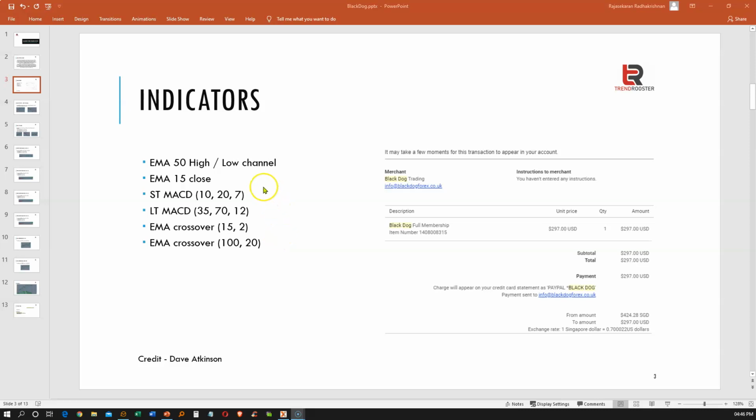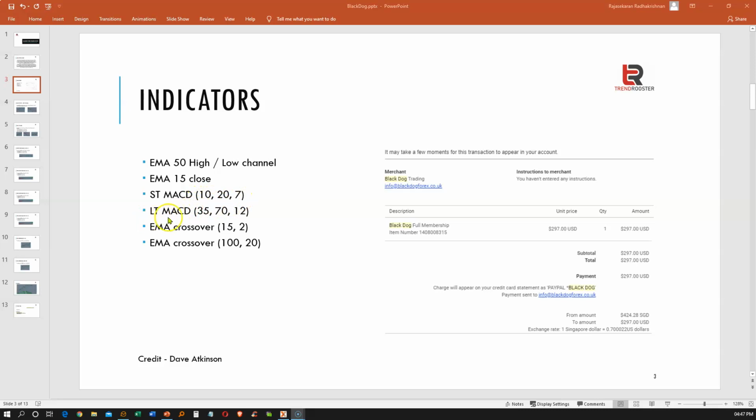So I'm going to share what the indicators consist of here. The first one is the EMA 50 high-low channel. Why is that being used? Let's move on to the next slide. The next one is EMA 15 close. Then ST stands for short-term MACD, which has a setting of 10, 27.